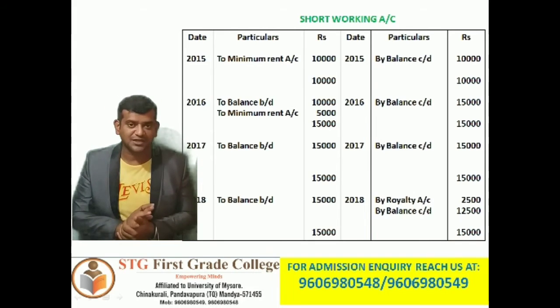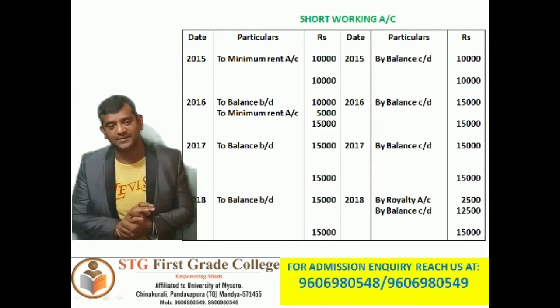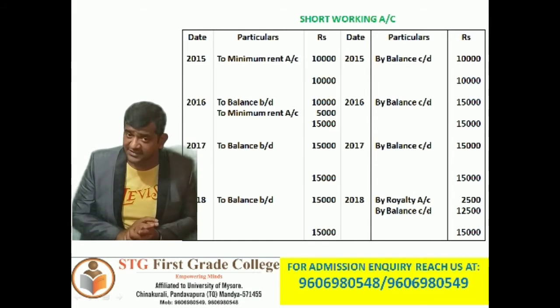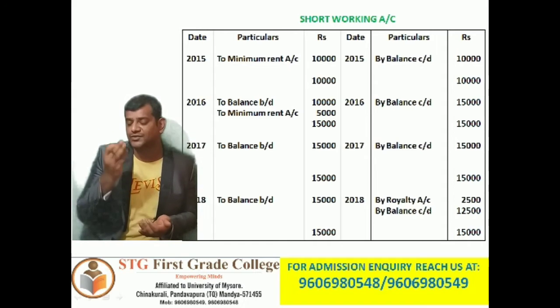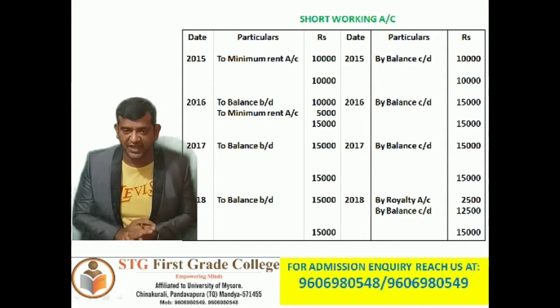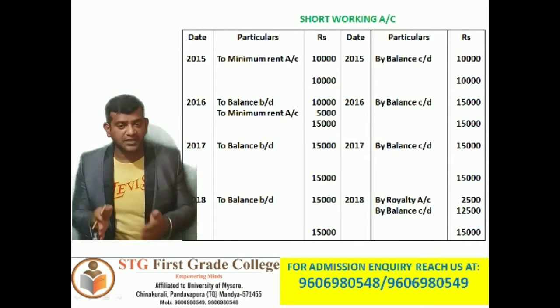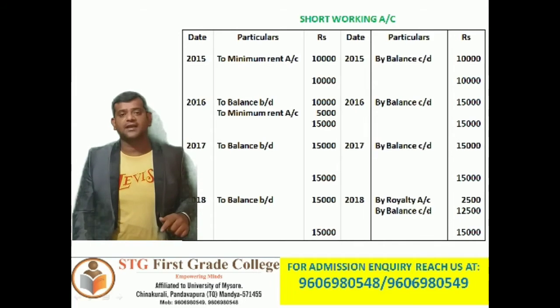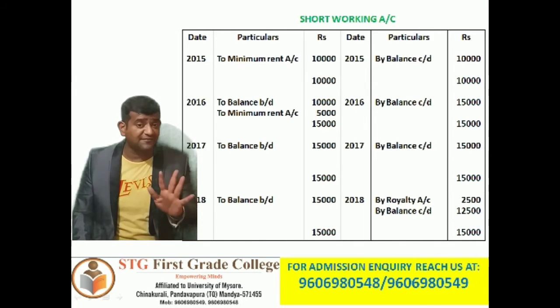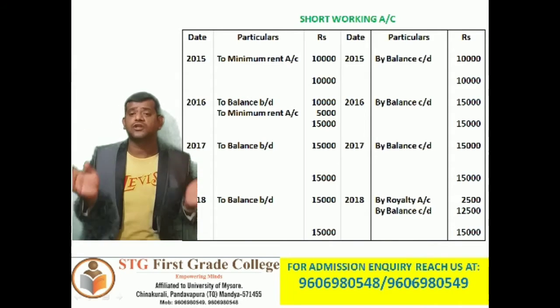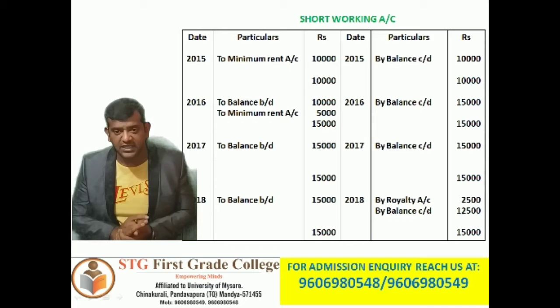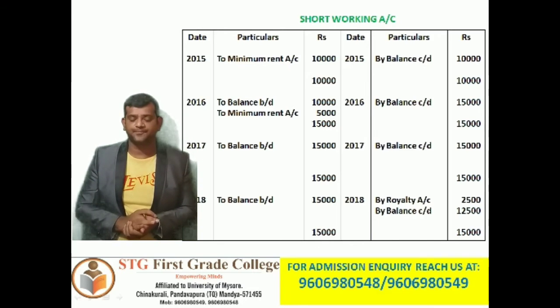Both the side total 10,000, 10,000. In the year 2016, to balance brought down. So I'm bringing down the 10,000 of 2015. So balance brought down 10,000. To minimum rent account, that year shortage 5,000. 2016 there was a shortage of 5,000. Total both the side 15,000, 15,000.